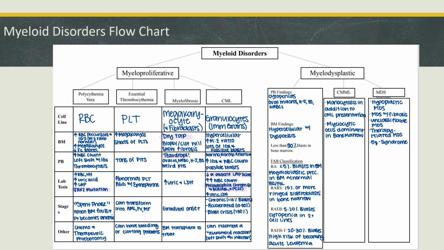And then, of course, make sure we take note of the percentage of blasts that are associated with each phase. And then, it can resemble a leukemoid reaction, and this is one of the reasons why we really utilize that LAP score.